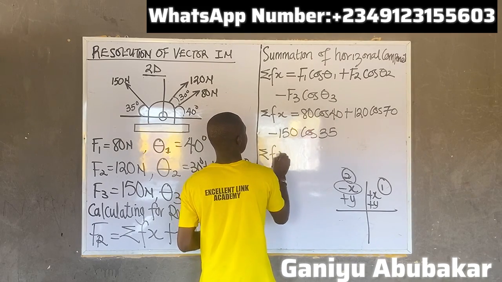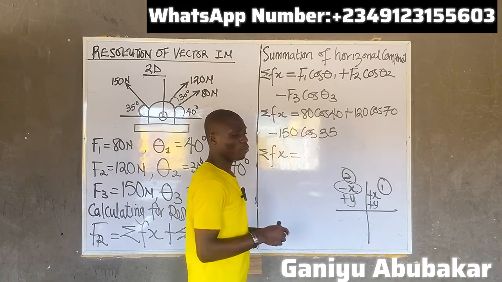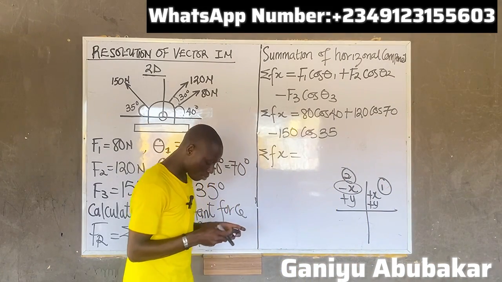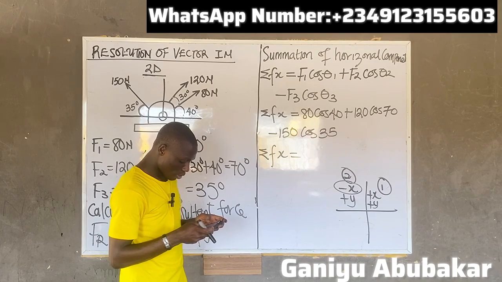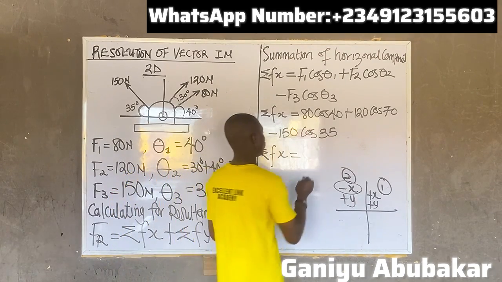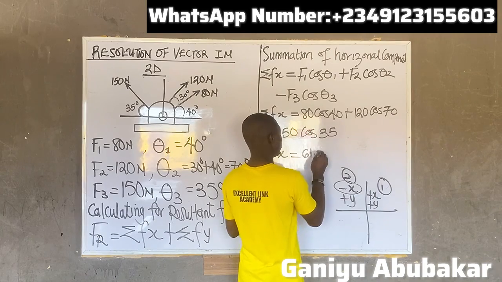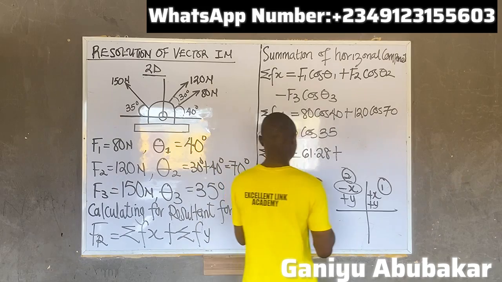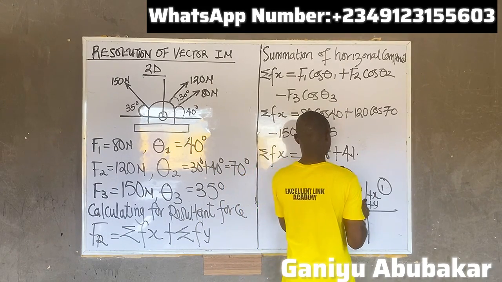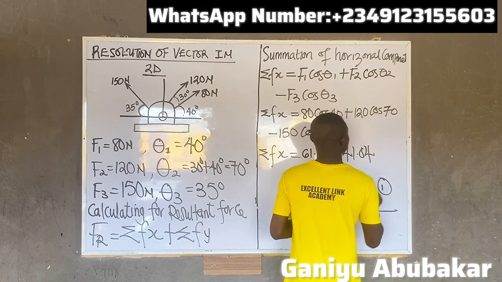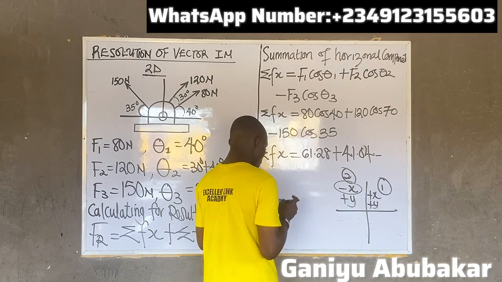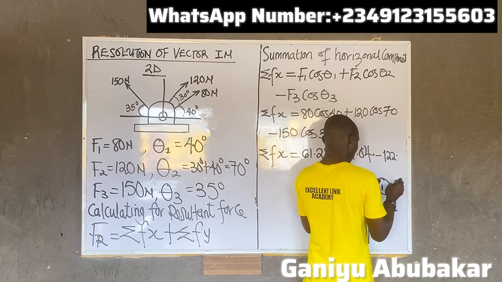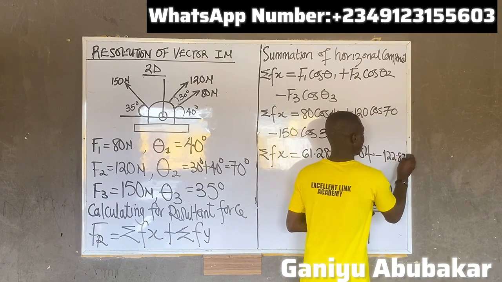Summation F_x will be equal to 80 cos 40. Take my calculator out and get the values. 80 cos 40 gives you 61.28, plus 120 cos 70 gives you 41.04, minus 150 cos 35 gives you 122.87.